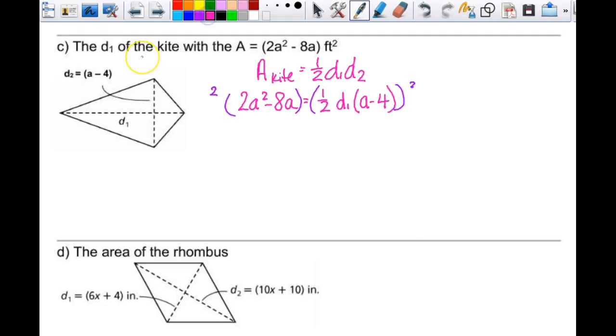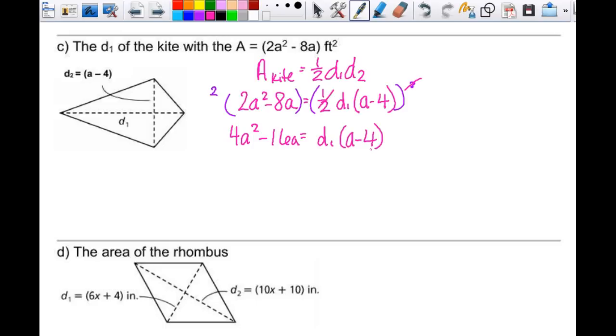And then on the left-hand side, I make sure I actually distribute and get 4A squared minus 16A. Over here, do I distribute this to here? No, because this is all straight up multiplication, so these just cancel out. So you get D1 times A minus 4.